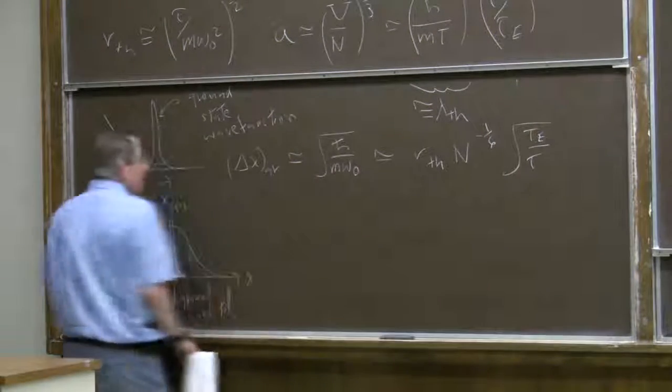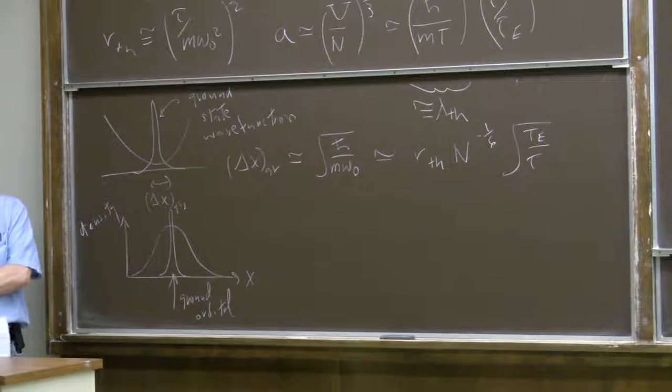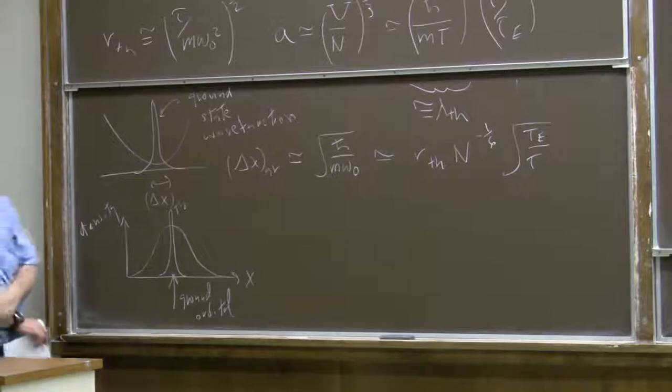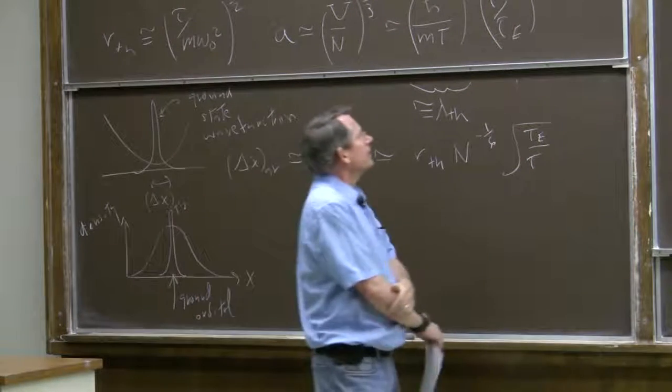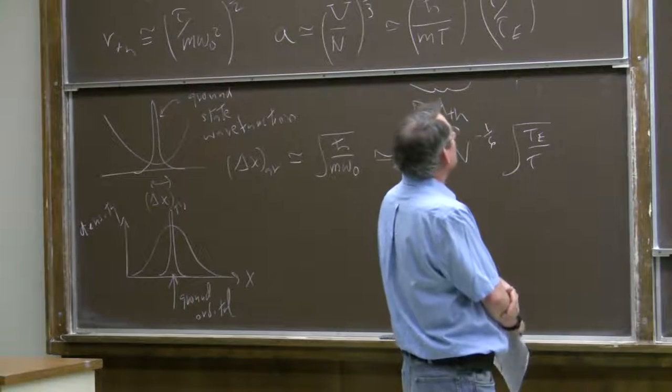So for the typical type of trap that people have used in this experiment, one can estimate this Einstein temperature. We have to know h bar omega naught. It's omega naught in the kilohertz range typically.